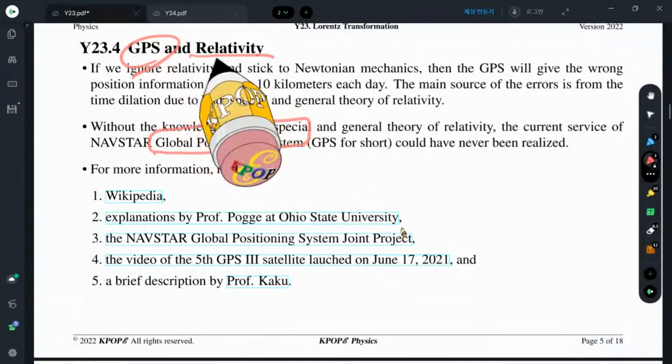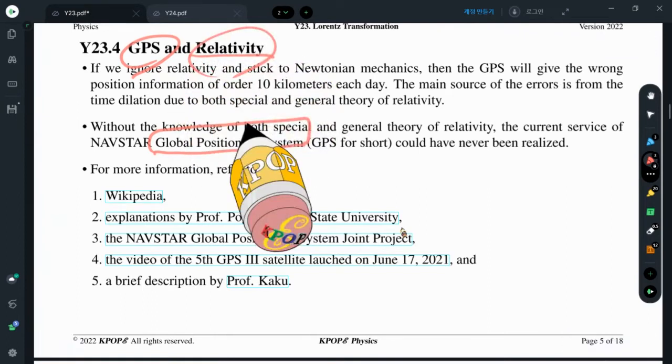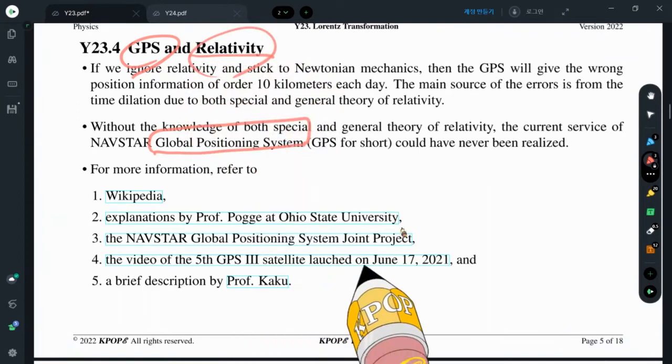And this GPS relies on relativity. If we turn off the relativity, that includes both the special theory of relativity and the general theory of relativity that governs gravity, if we ignore Einstein's relativity in GPS, the information is completely wrong.